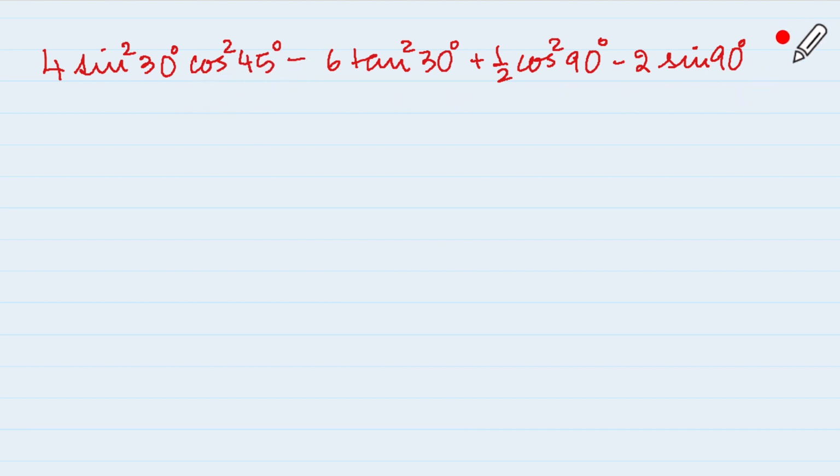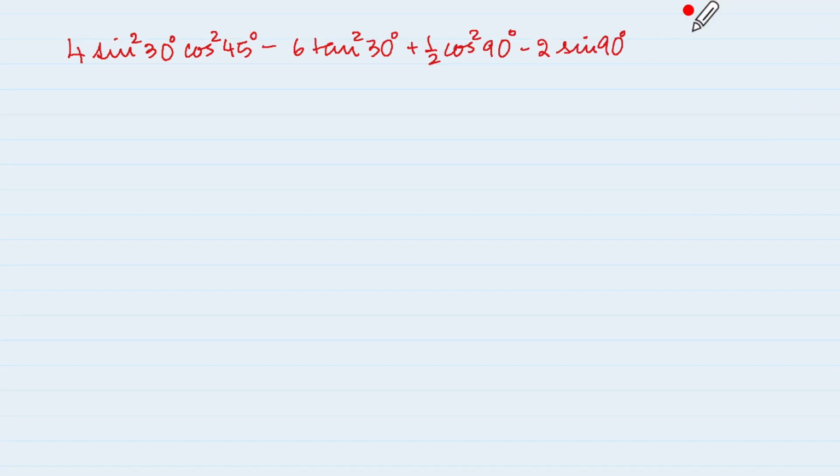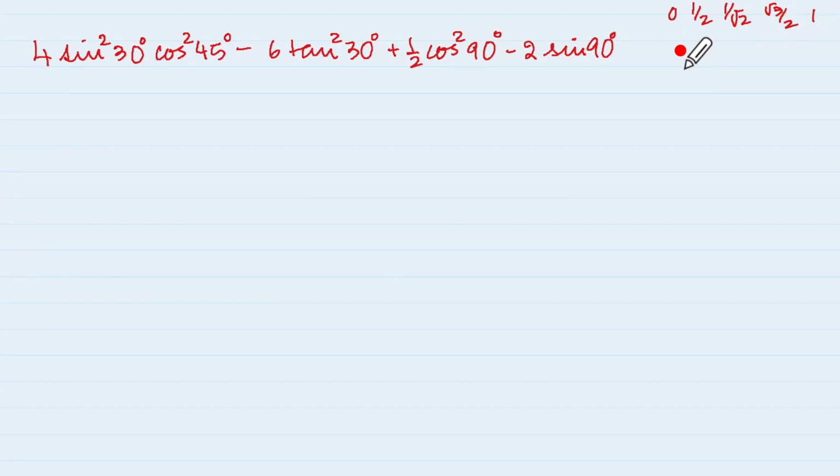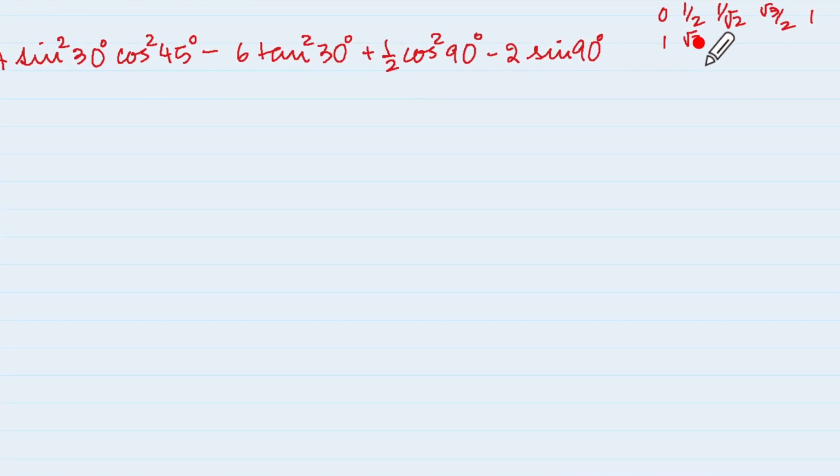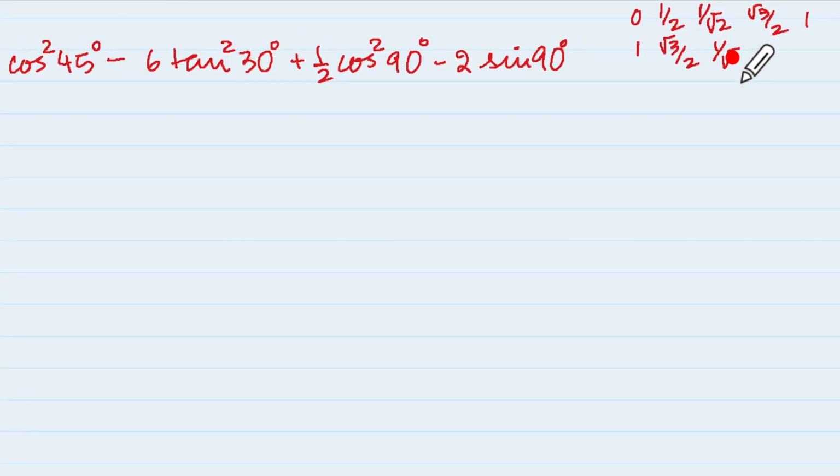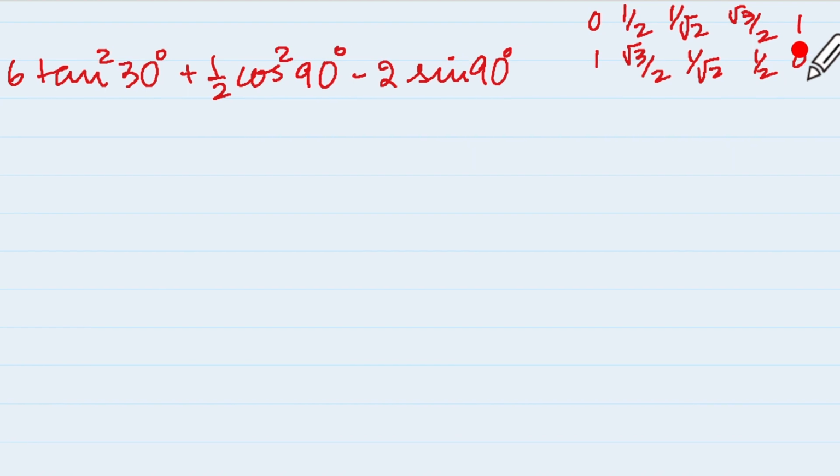Okay, so somewhere on the right hand side you can just write the sine, cos, tan. Sine: 0, half, 1 upon root 2, root 3 by 2 and 1. Cos: 1, root 3 by 2, 1 upon root 2, half, 0.